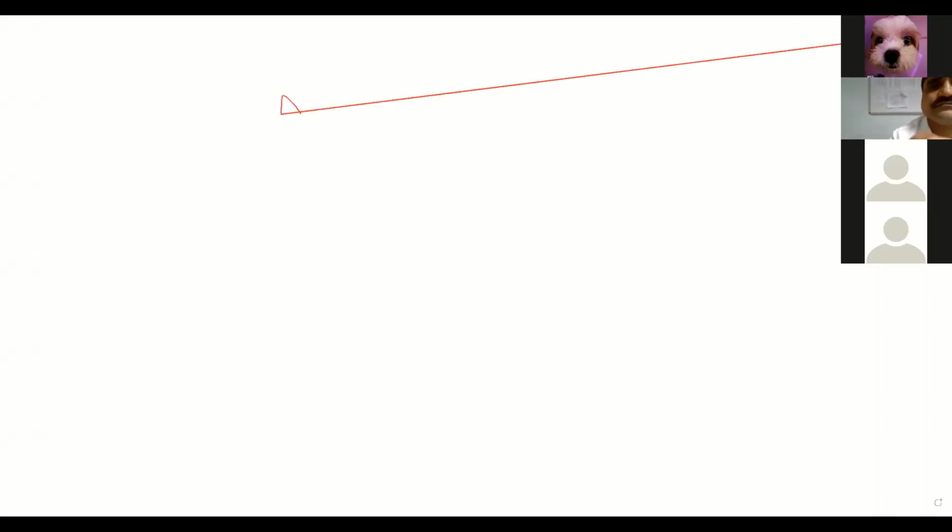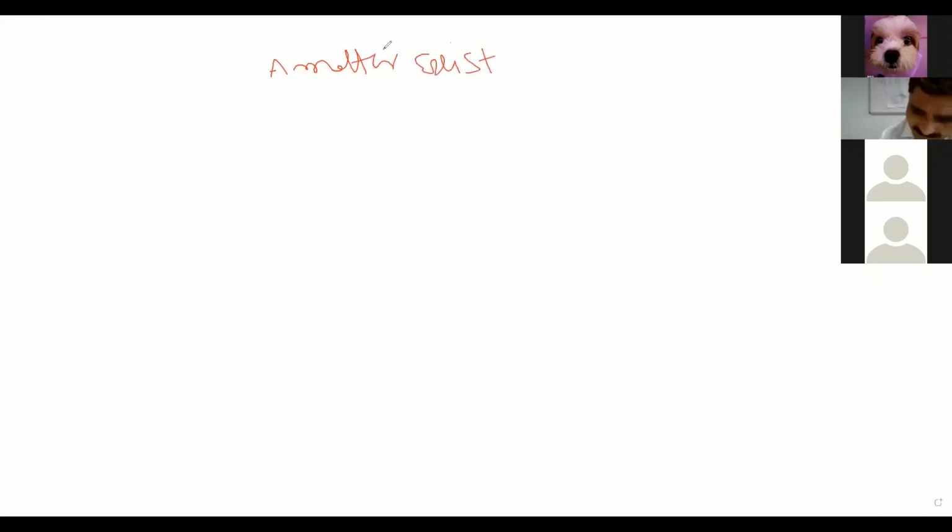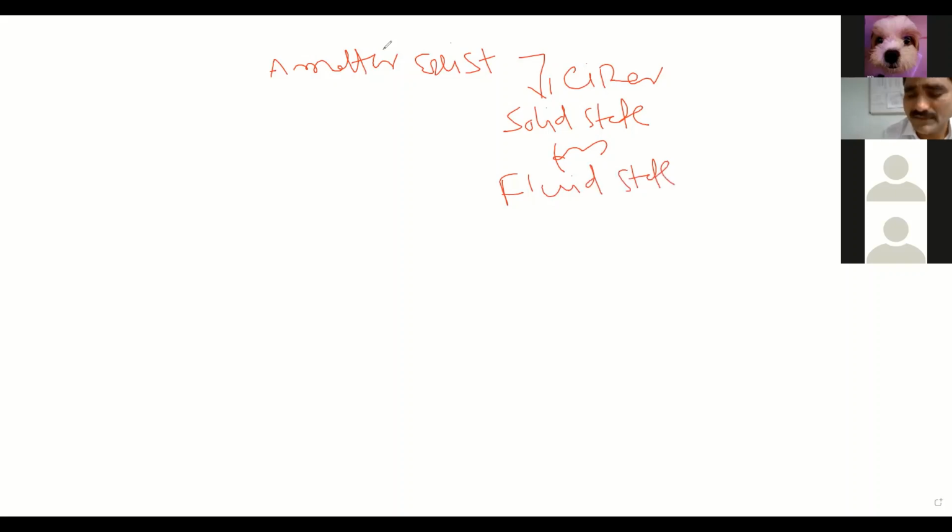And this fluid state, once again, what can you see? Liquid or gases and vapors.